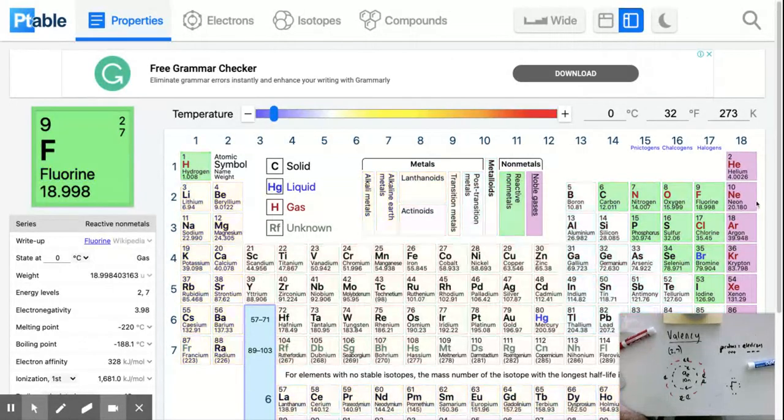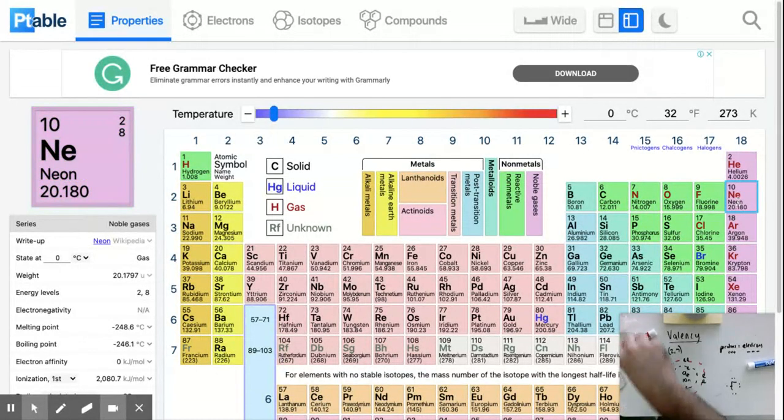Let's look finally at neon. Neon, element number 10, has the electron configuration 2, 8. This means neon has 10 protons and 10 neutrons, and the first shell is full with 2, and its valence shell this time is also full.